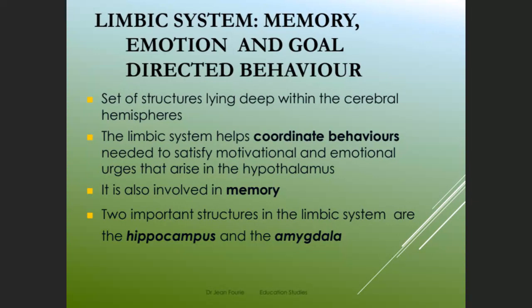It's also involved in our memory, and the memory has got to do with the daily behaviors that we should be doing, and what you're going to eat, and all the functions of daily living.